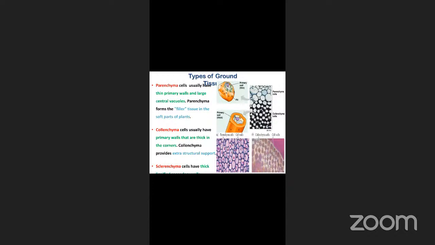Next, collenchyma. Collenchyma cells provide support to the leaf petiole, woody stems, and growing plants.